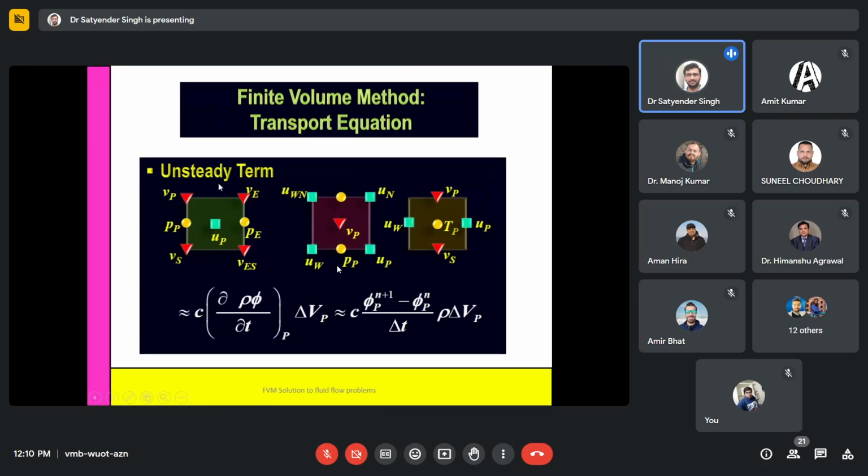Then for your transport equation, x momentum and y momentum, let's say for x momentum, this is the discretized form for the unsteady term, where for a single u velocity we will be getting the pressure and our unknown v velocity in the equation.